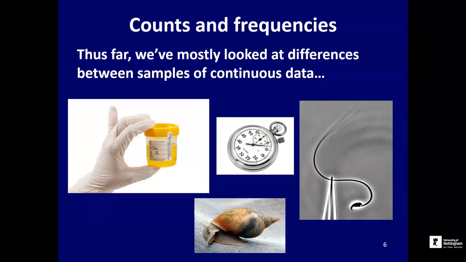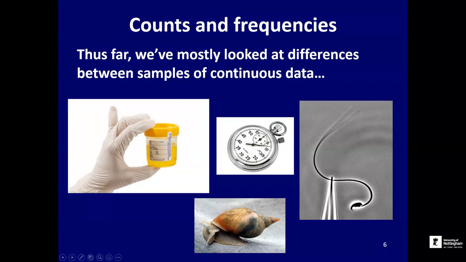So the continuous variables, just to remind you about what we were doing before Christmas, I know it'll feel like a long time ago. We have been looking at a whole bunch of different examples to illustrate the sorts of situations where we want to look for differences in continuous variables. So we looked at a whole load of examples based around sperm swimming speed, for example, where we were measuring speed on a continuous variable.